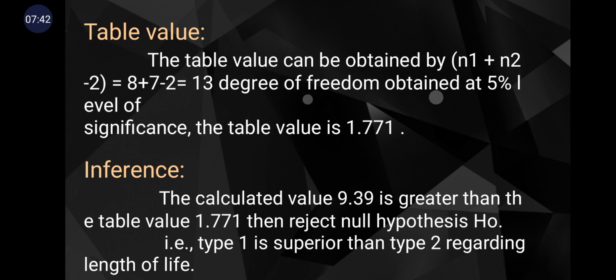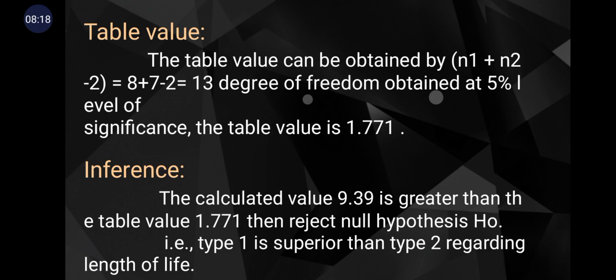The 5% level is 0.05, the significance value, and the table value is 1.771.